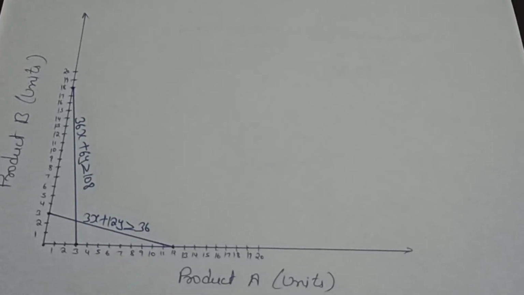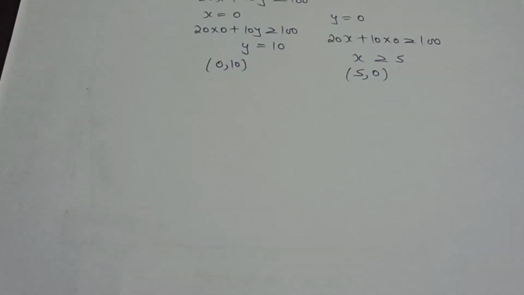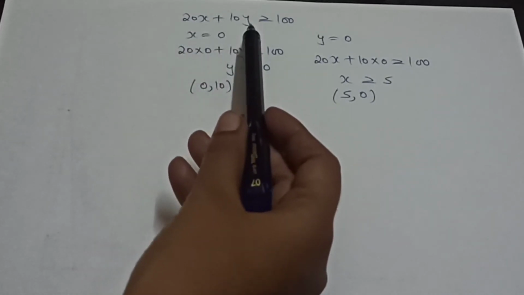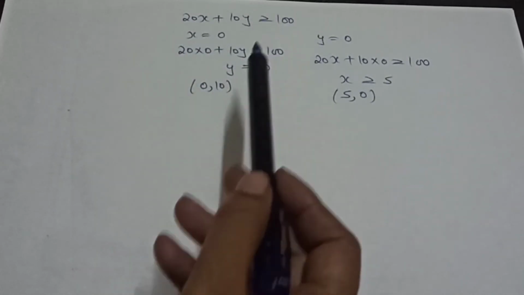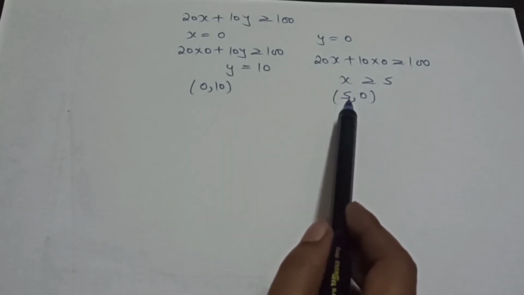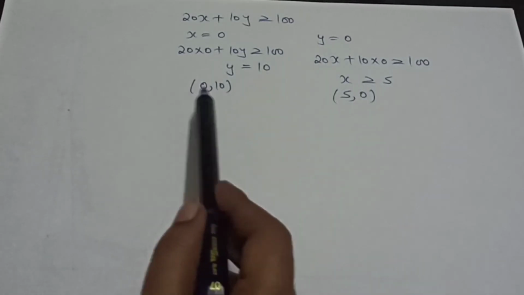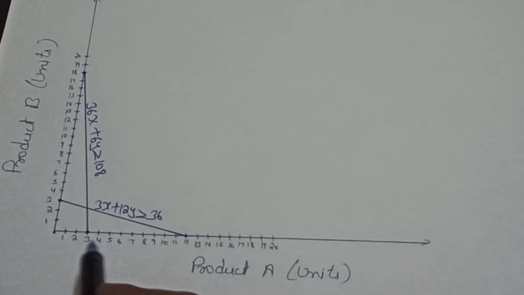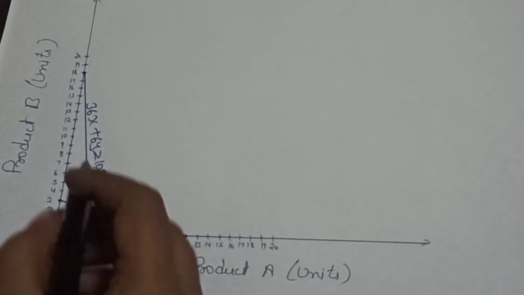Now we will move to our third equation. So this is our third equation: 20x plus 10y is greater than or equal to 100. And these are the points 0, 10. Here x is 0 and y is 10. 5, 0. X is 5 and y is 0. So we will draw these points on the graph. As you can see, x is 0, so y is 10.